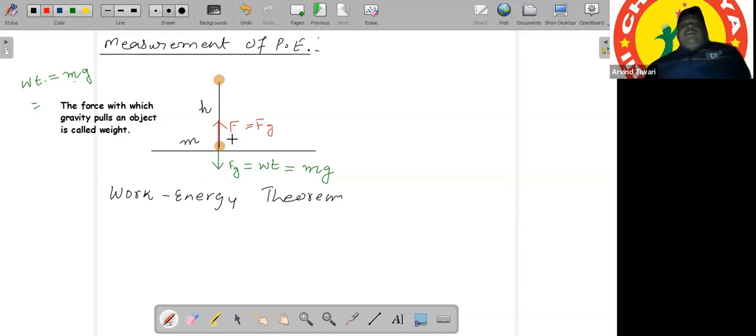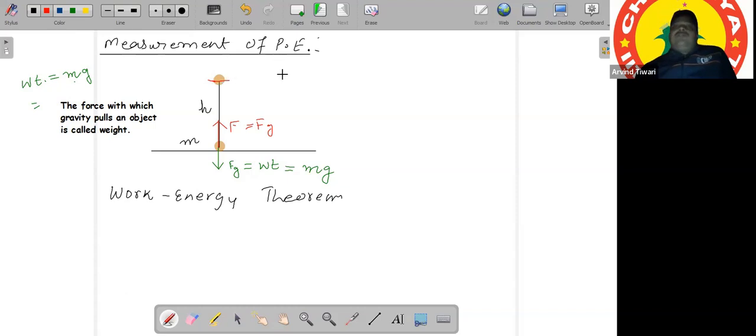Right, so now I am applying the force F, which is equal to the weight. It's very important to understand how it is working. This force is making this object move, and it has displaced. What will be the displacement? The displacement will be equal to the height h.